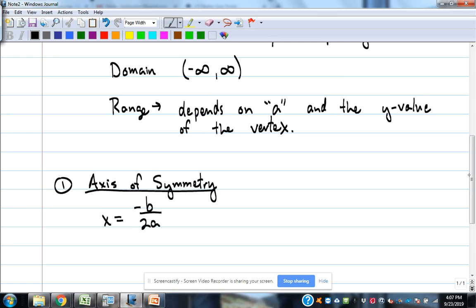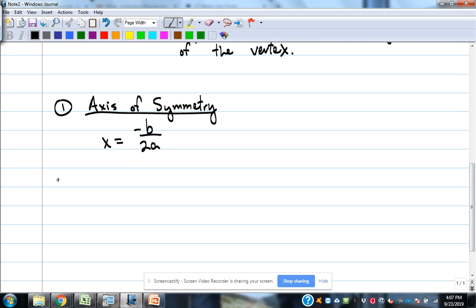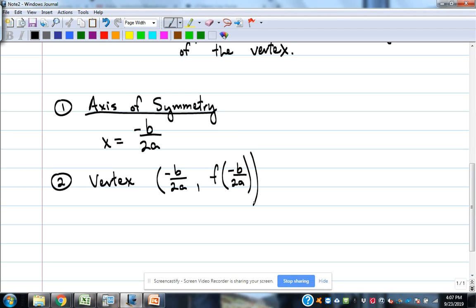And when we find that axis of symmetry, we get half of the vertex for free. The vertex is an ordered pair where the x value is negative b over 2a, whatever that works out to be from the axis of symmetry. Then to get the y value that goes with it, we plug that x into the equation and work out the function value.